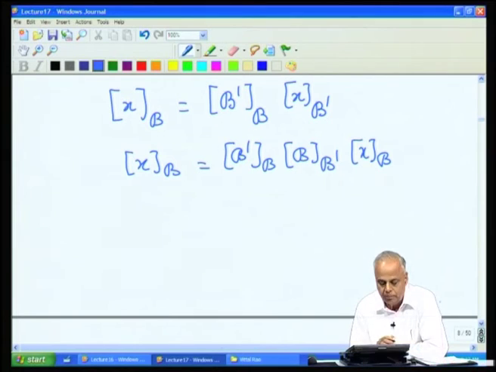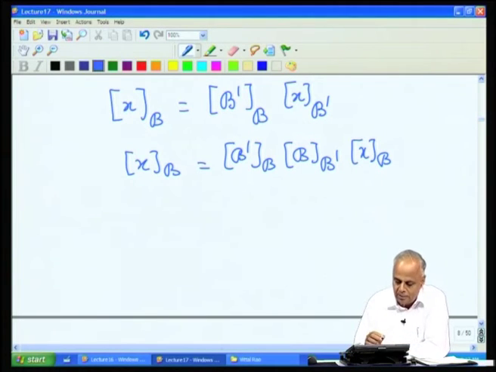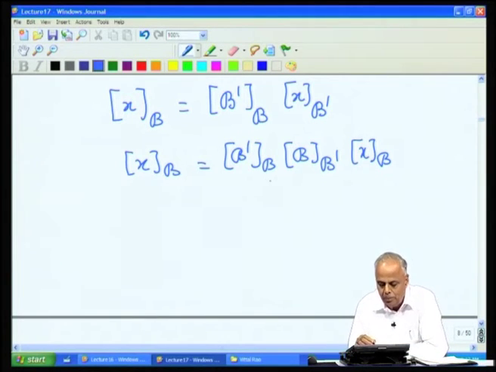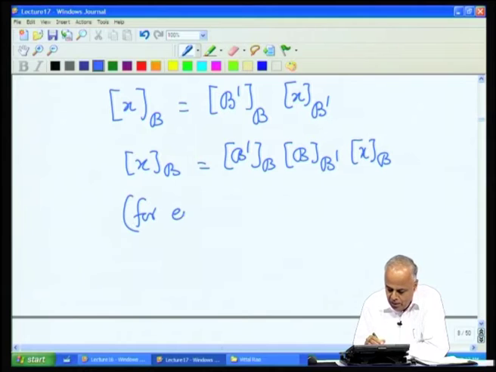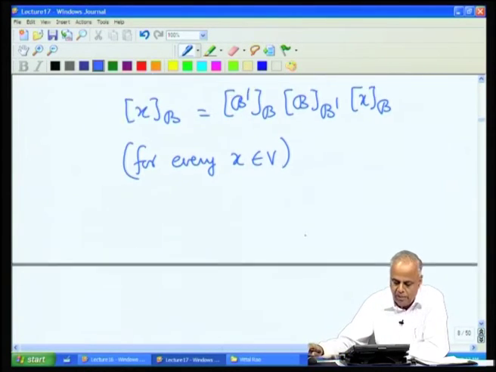So, therefore, what we get is x_B is equal to B_B'B into B_BB' into x_B, and this is true for every x belonging to V. Now, let us make that simpler.